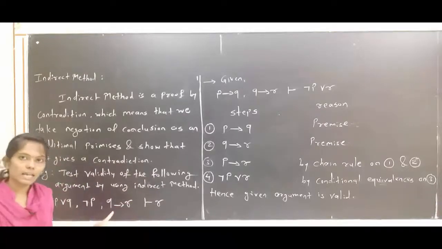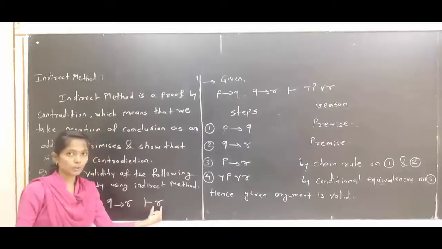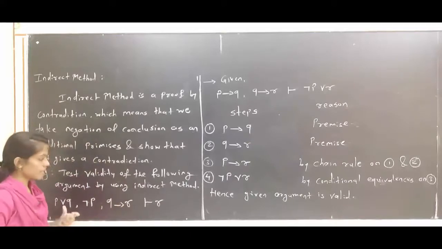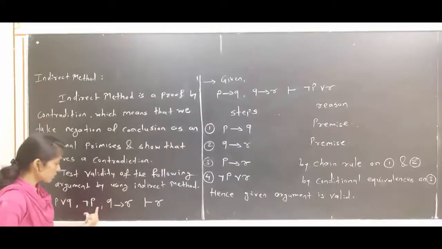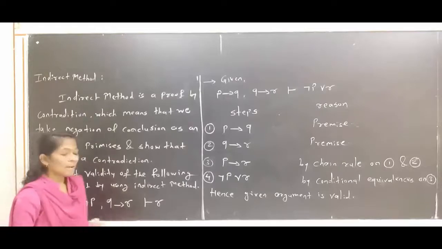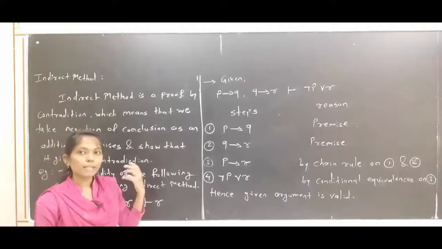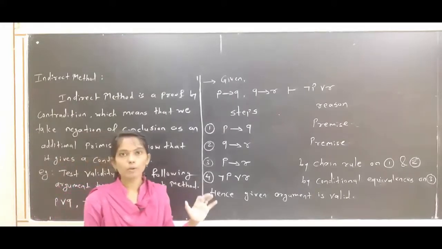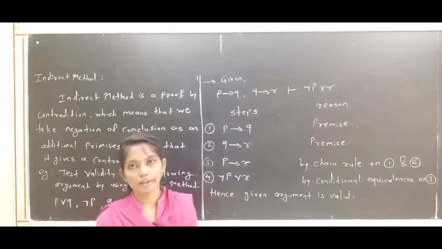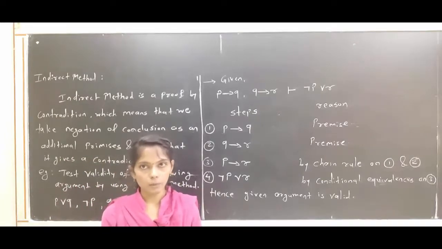In the indirect method we add the negation of the conclusion as a premise. So we get the premises P or Q, negation P, Q implies R, and an additional premise negation R. Then we apply some rules of inference on these premises and we want to prove a contradiction. That means we get a valid argument.